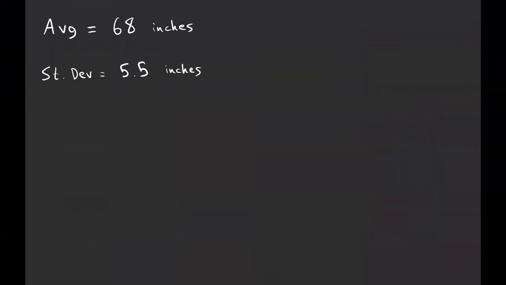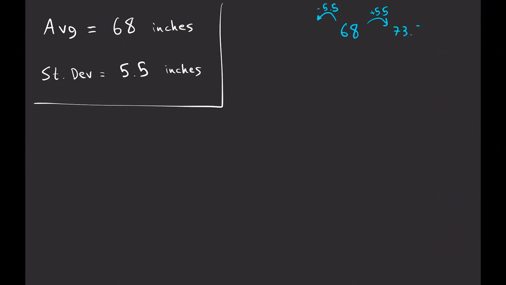And so looking at this, we would say, all right, let's start at 68. Let's go plus 5.5 and let's go minus 5.5. So if we add 5 to this, we're going to get 73.5. And if we subtract 5, we're going to get 62.5. And so we're going to mark these down. We've got those right there.